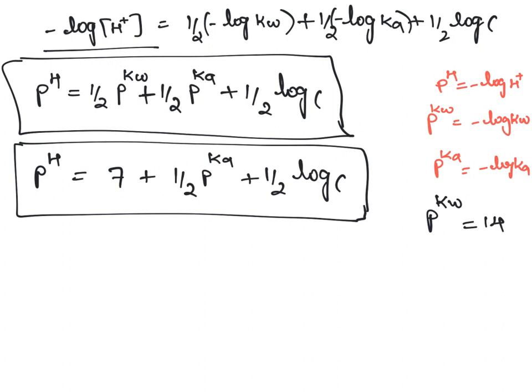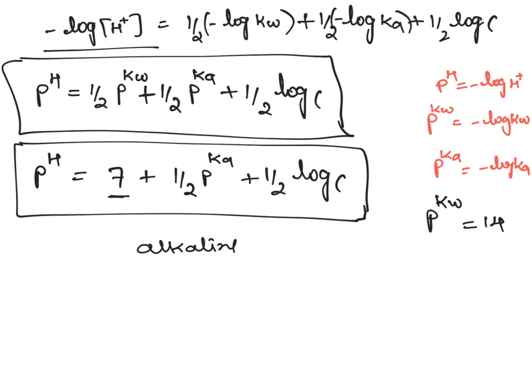So this pH expression is clearly indicating that the solution of salt of weak acid and strong base will always be alkaline in nature, that is basic in nature, because here 7 is there, and there are two additive terms.